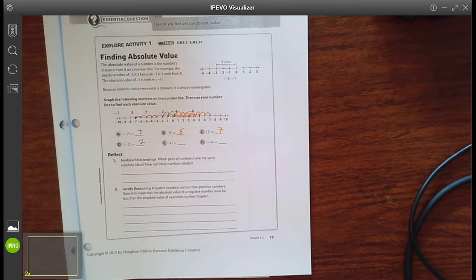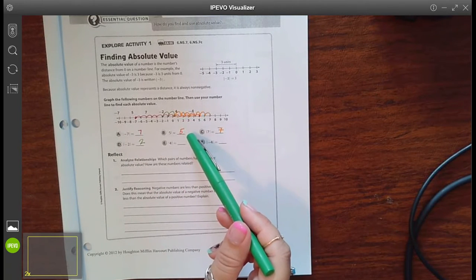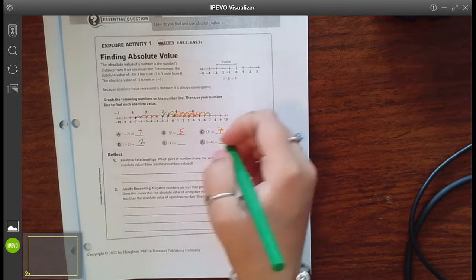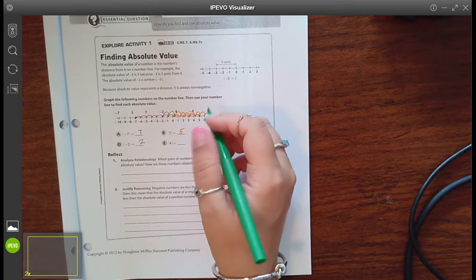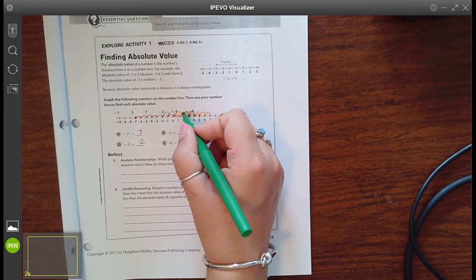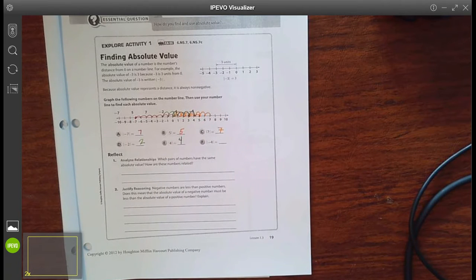What are you noticing about all the numbers? Whether it started as a negative or a positive, it ends as a positive, right? Because distances are positive. Okay, what's the absolute value of 4? We'll find 4. How far away is it from 0? 1, 2, 3, 4. You can see that after a while, you don't have to use the number line. You could just say, what's the absolute value of -4? How far away is -4 from 0?